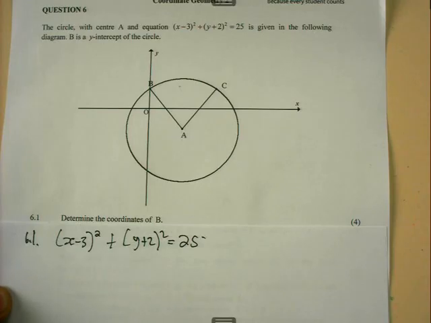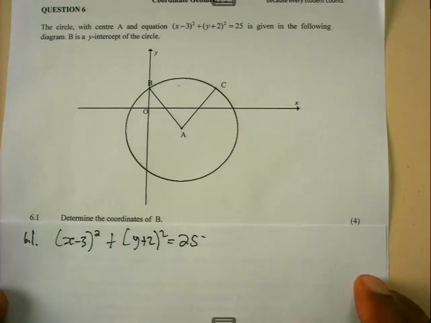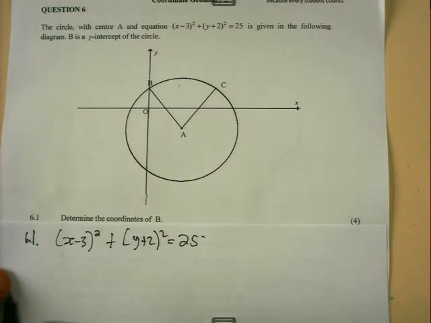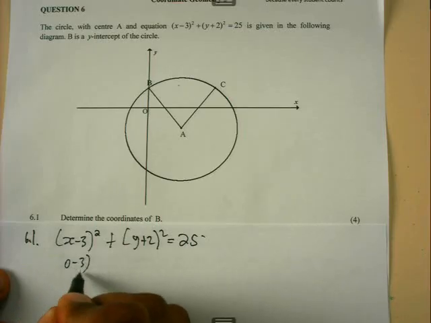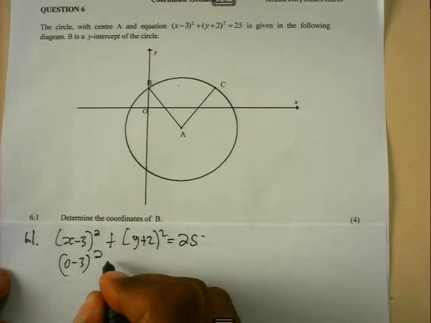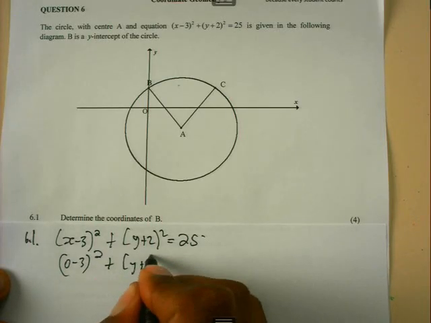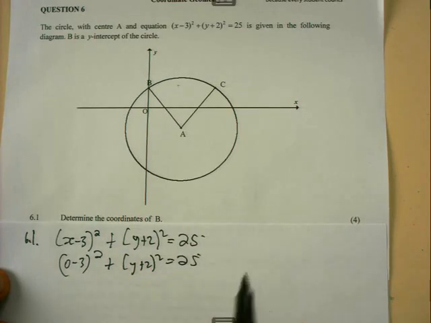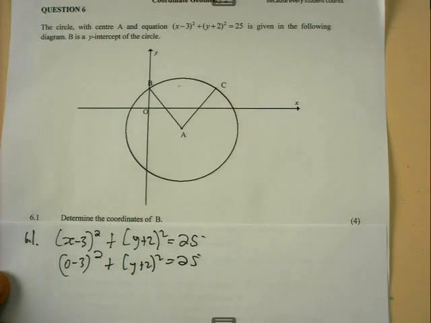Then immediately from here we can say, okay, let x be 0. Then we say (0 minus 3) squared plus (y plus 2) all squared is equal to 25.